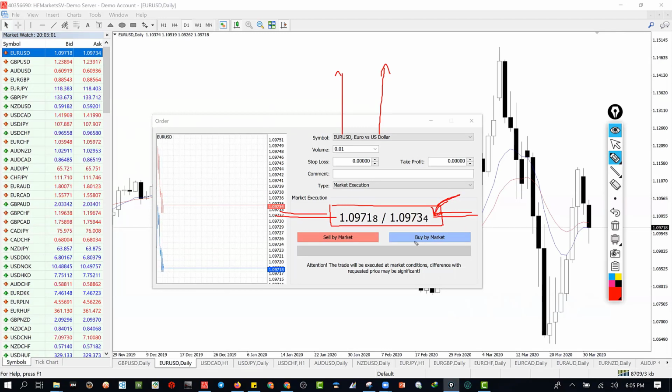So once you execute an order, your order will be calculated based on the difference between these two figures right here.